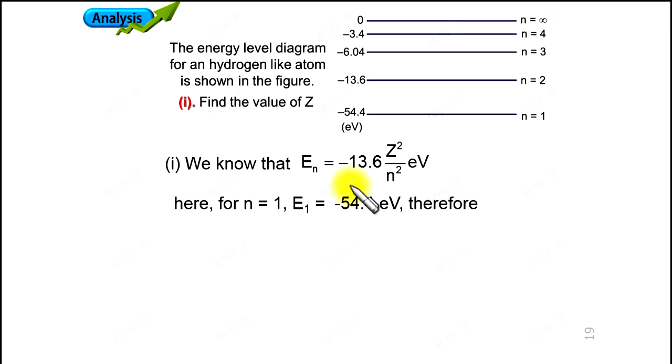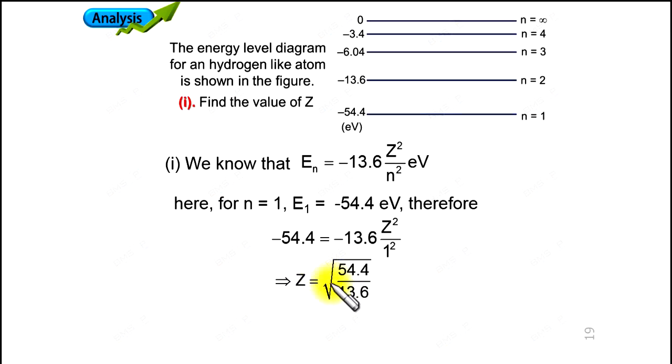Now we can substitute this value in the formula: minus 54.4 is equal to minus 13.6 Z squared divided by 1 squared, where 1 squared is nothing but n squared. Now let us solve for Z. Minus sign and minus sign get cancelled, and we get Z equal to under root 54.4 divided by 13.6, and this is root 4, which is 2. That means the value of Z equals 2, the atomic number is 2, that is helium.